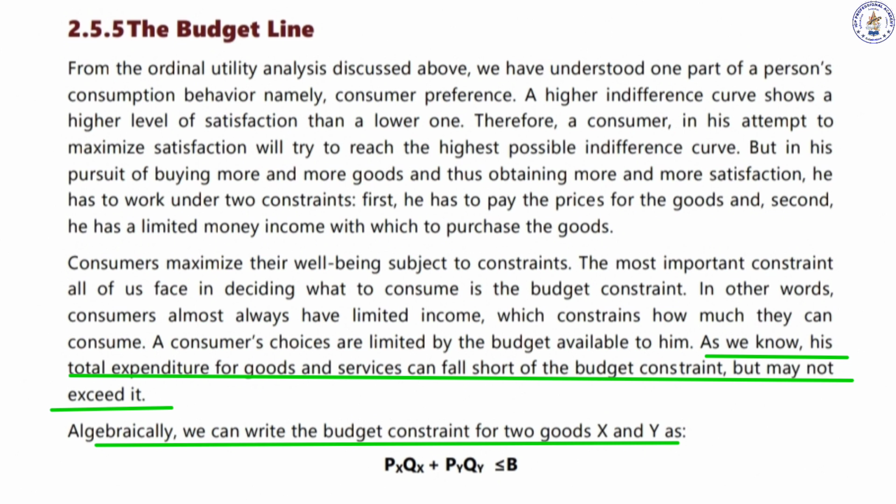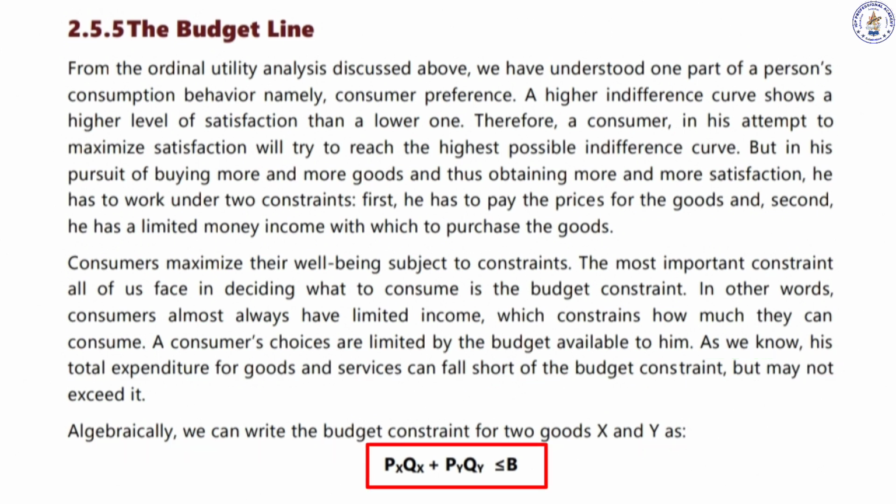Now the budget constraint for two goods can be explained as the price of X into the quantity of X, that is one type of good, plus the price of the next commodity Y with the quantity of Y, added together, must be less than or equal to his budget. He cannot go beyond his budget.